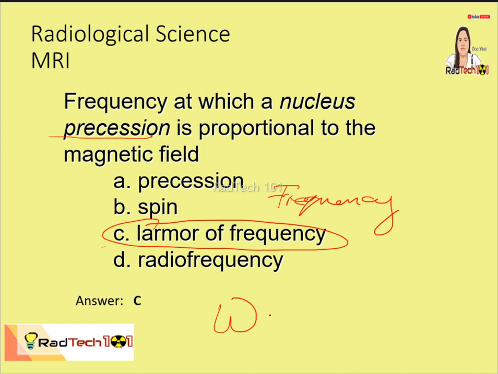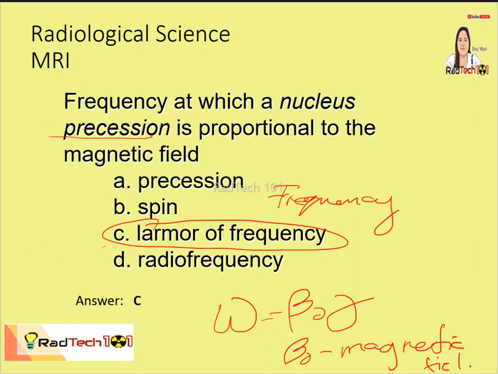W siya. So, normal frequency is equal to magnetic field times gyromagnetic ratio. So, B sub O, ito yung B sub O natin. This is the magnetic field. And this one, yung para siyang gamma, this is gyromagnetic ratio.